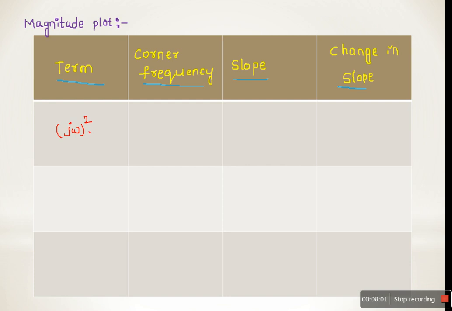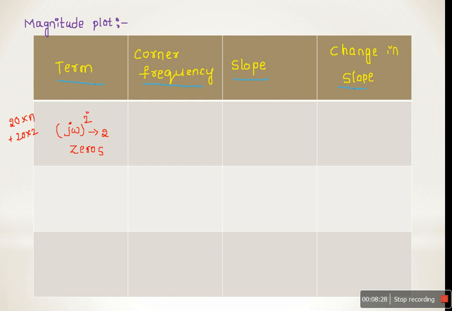(j omega) square means it indicates two zeros. So if you have 1 zero in the given transfer function, the slope is plus 20 decibels. If you have 2 zeros in the given transfer function, the slope is 20 into 2, that is 40 decibels. If you have n zeros in the given transfer function, then the slope will become 20 into n.